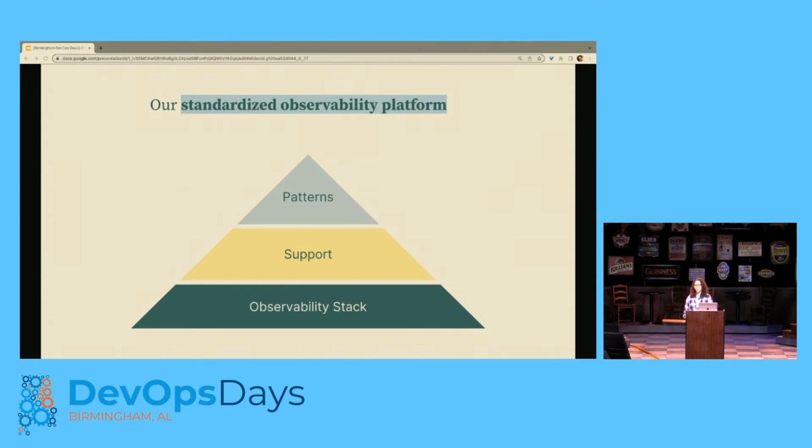And in the context of a standardized observability platform, these patterns should serve the primary purpose of defining how we use standardization to address organizational challenges while maintaining those original benefits. And so the way that standardization does that in an observability platform is ultimately by standardizing the way we communicate, both in terms of how our services communicate with one another, but also how we enable our services to communicate with us, the engineers.